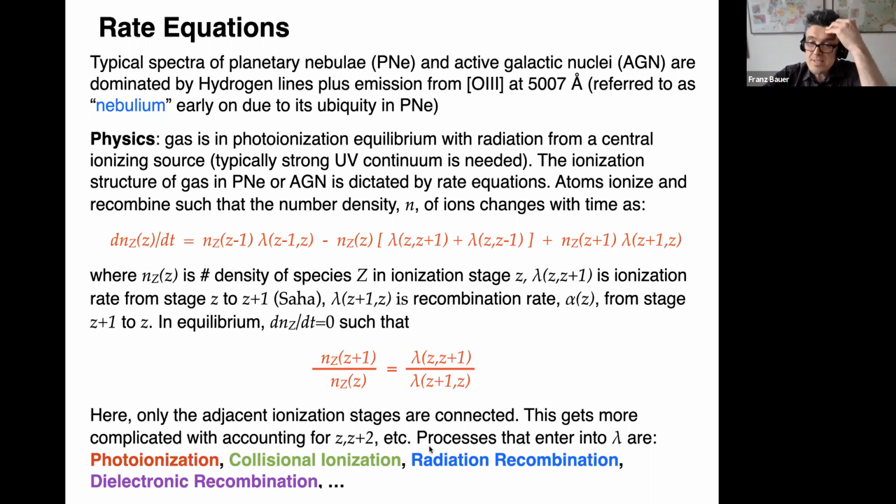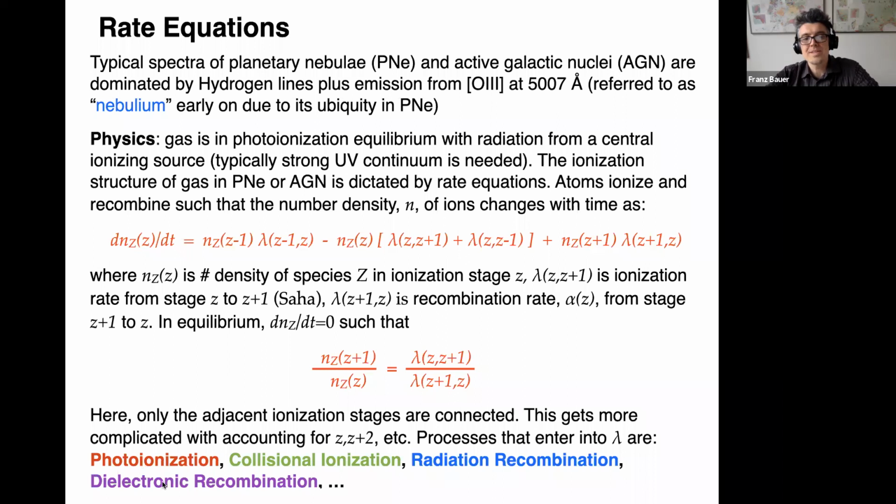So the processes that come into play here that dictate the transition rate are photoionization, which is what we're talking about here, but also collisional ionization. So the medium has energetic electrons, and the electrons can compete in this process. You also have radiative recombination, which is the opposite of photoionization.